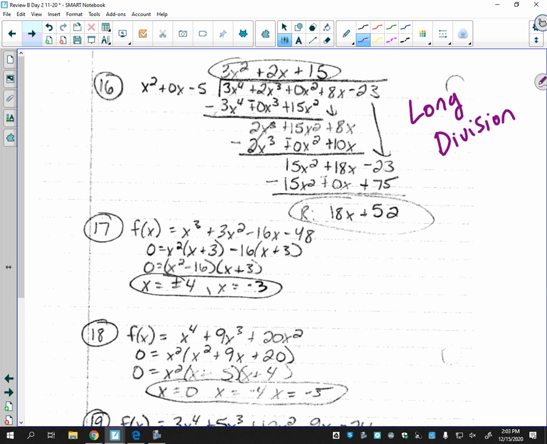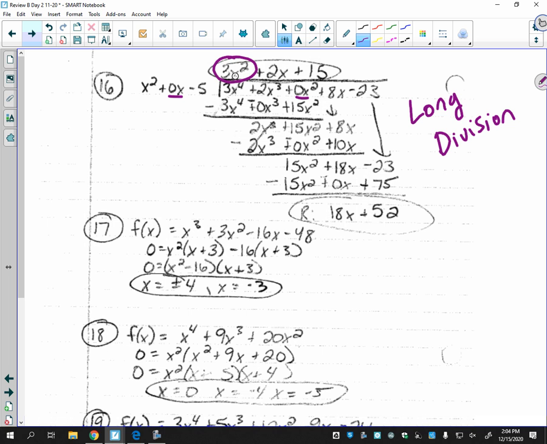Remember, you start one step at a time. You say, well, 1, notice I filled my zeros in. Whether it's long or synthetic division, remember, if it skips over an exponent, it's going to be easier if you fill those in. And then you say, what multiplies by x squared to give me 3x to the fourth? And you start right here with that first number.